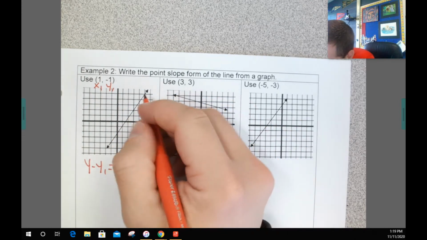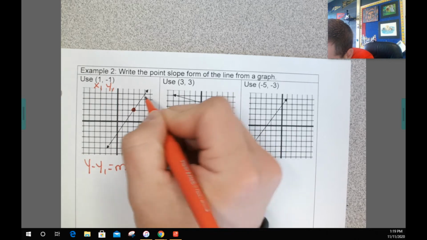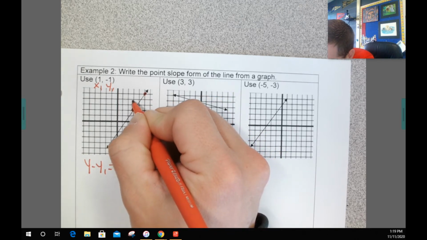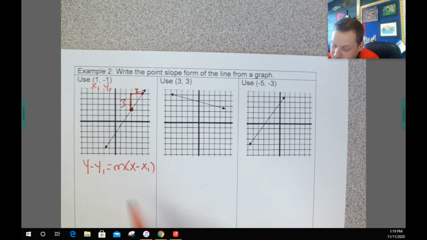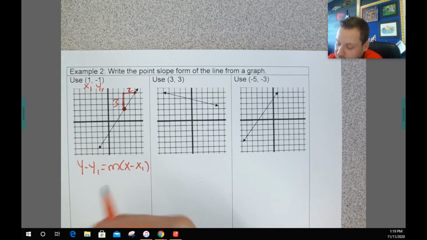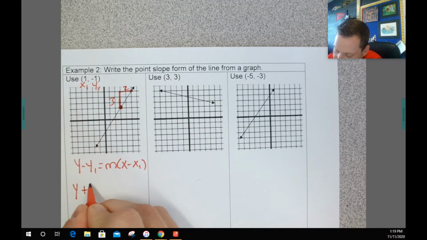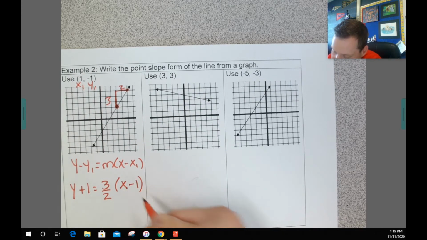From the graph, we're going to find our slope, which you guys should be pretty good at right now. So I'm going to pick two good points. I got one there, and my slope is going to be up 1, 2, 3, right 2. So from here, we're just substituting in. We have y minus a negative 1, so y plus 1 equals 3/2 x minus 1.